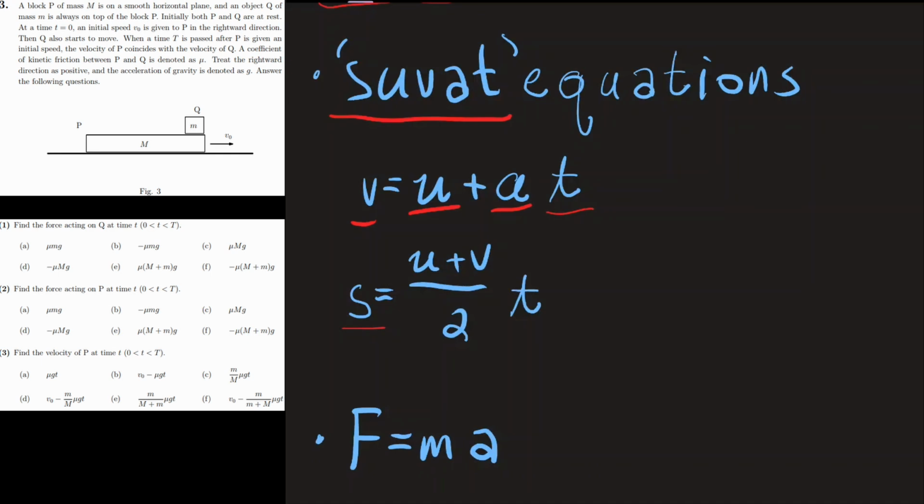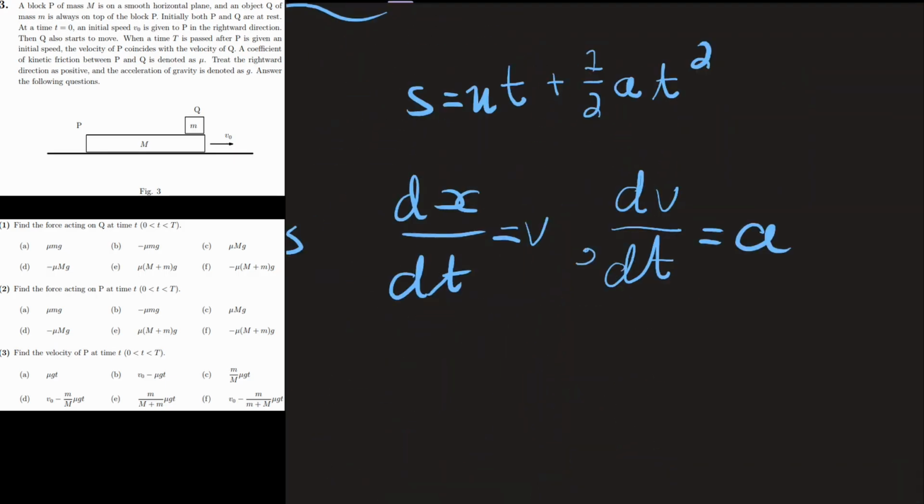And then, of course, you need to know that force is equal to mass times acceleration. And actually, there's a little bit more that you need to know, at least in terms of how I solve the question. There's also this SUVAT equation.